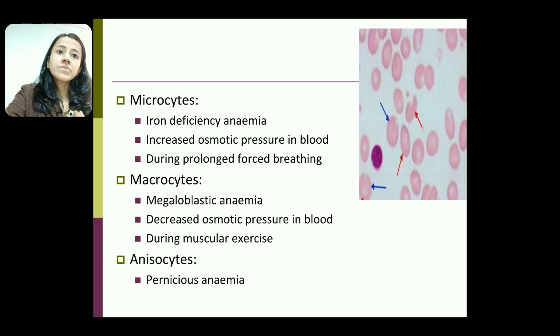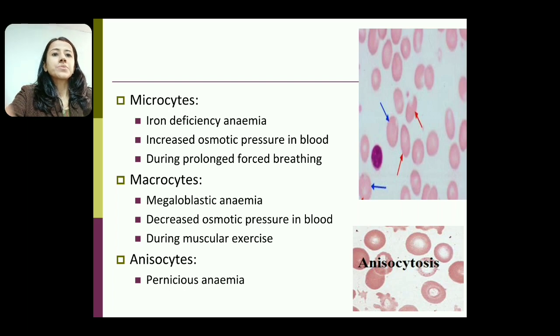It is also because of decreased osmotic pressure in the blood, as we have discussed. When the osmotic pressure in the blood decreases, there is osmosis of fluid from blood to the cell. And during exercise, because of hypoxia, there is increase in the carbon dioxide concentration inside the cell, there is chloride shift and the size of the cell increases. Anisocytosis, that is variation in the size, is seen in pernicious anemia.